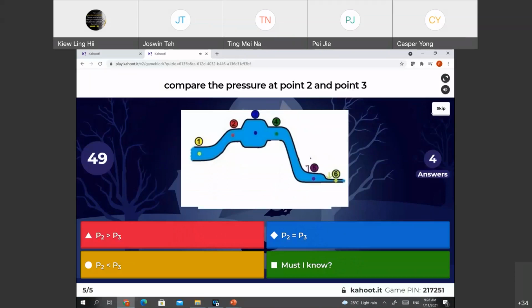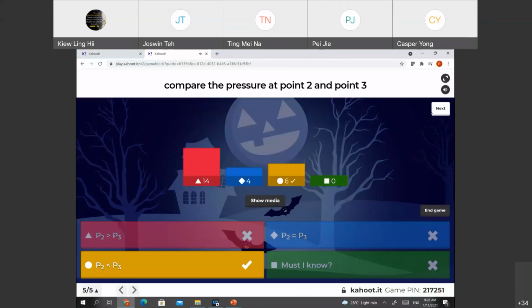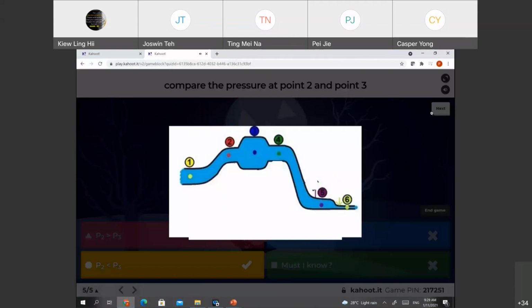So what will change when the diameter changes? From point 2 to point 3, the diameter increases, right? So when the diameter increases, what will happen to your velocity?